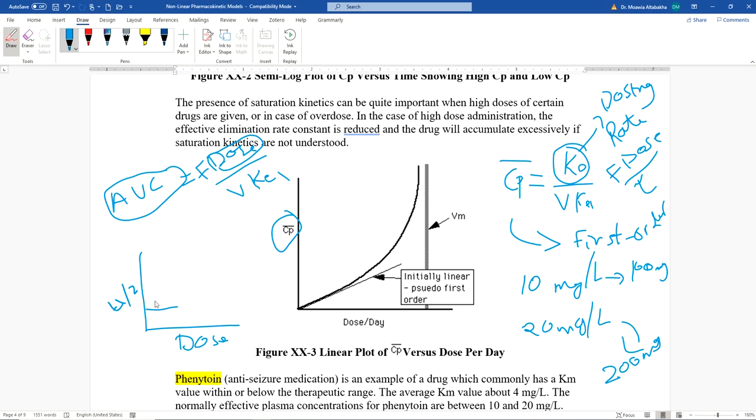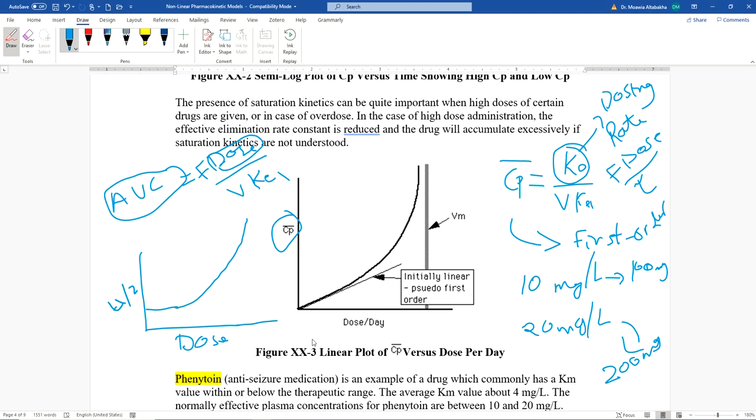But if it follows non-linear pharmacokinetics, you will start to see an increase in the half-life of the drug, which means that the drug is staying in the body, accumulating for a much longer time than what I expect.